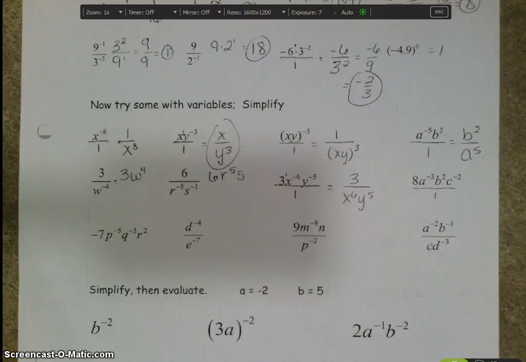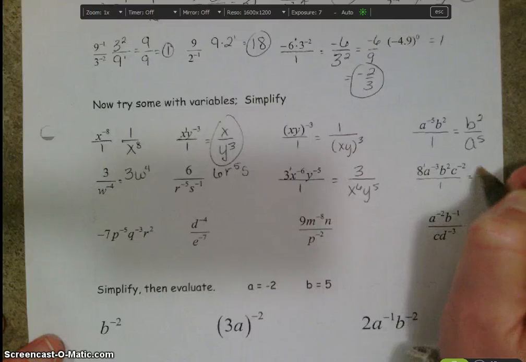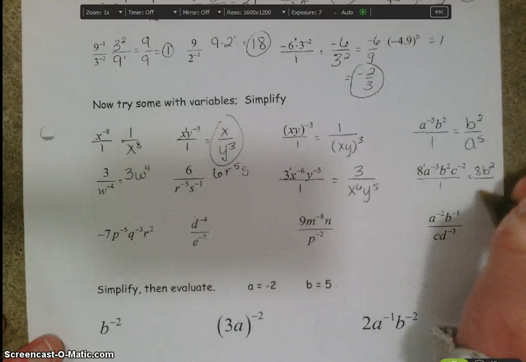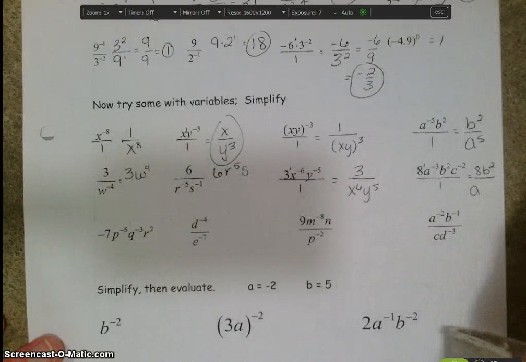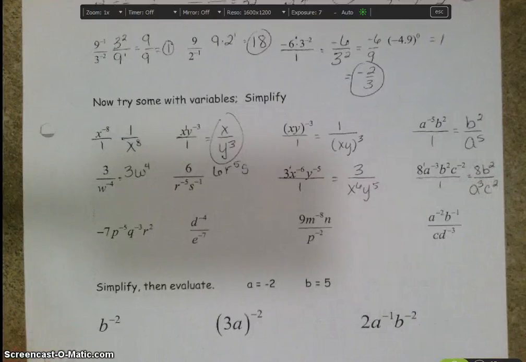8's happy. B is happy. Leave them where they are. So we're going to take 8 and B and leave those up in the numerator. The A and the C are not happy. They're going to both move to the denominator, or the bottom of the bunk bed, and become a positive 3 and a positive 2 exponent.